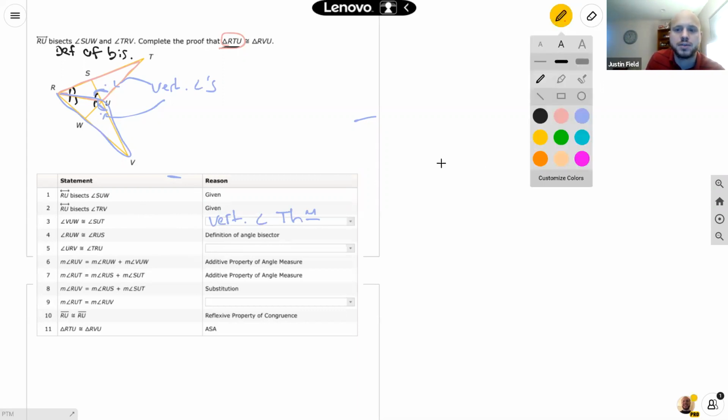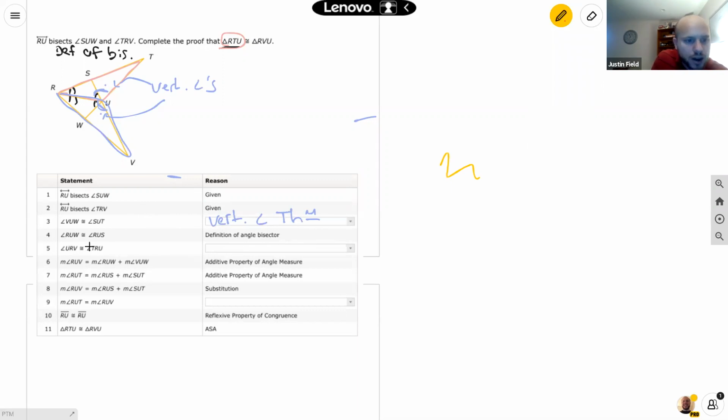Choose color here. Okay, so now URV, where's that? URV, oh, that's these angles again. So that is the definition of angle bisector.